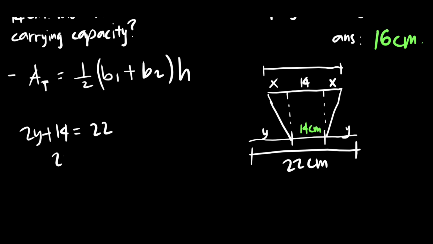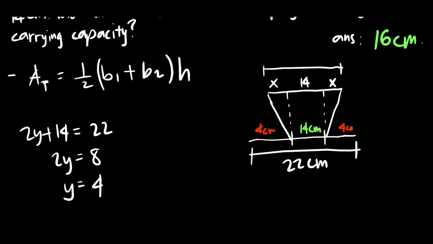So 2y is equal to 22 minus 14, which is 8. So y is equal to 8 over 2, which is 4. So the value of y is 4 cm.